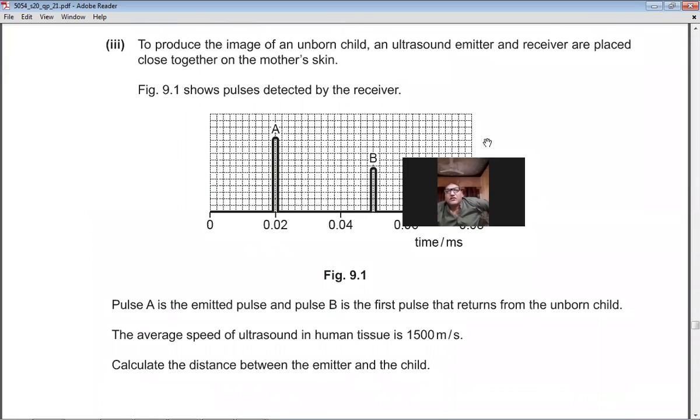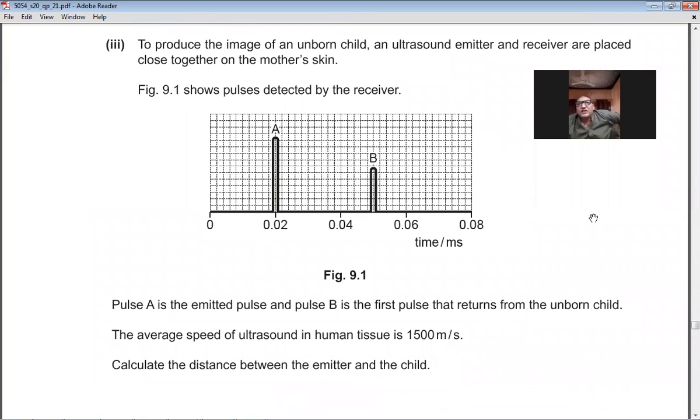Okay. So look at these questions carefully. It says, to produce the image of an unborn child, an ultrasound emitter and receiver are placed close together on the mother's skin. Figure 9.1 shows the pulse detected by the receiver. So understand this, what is this?